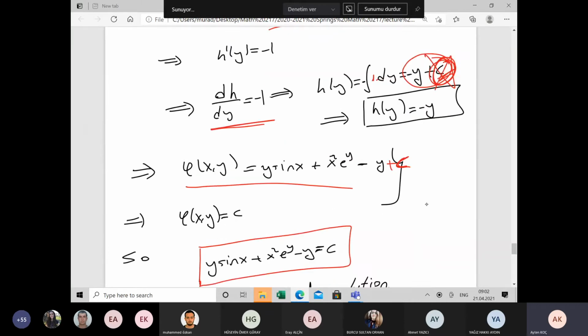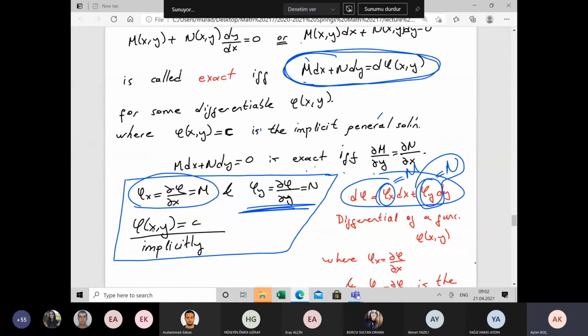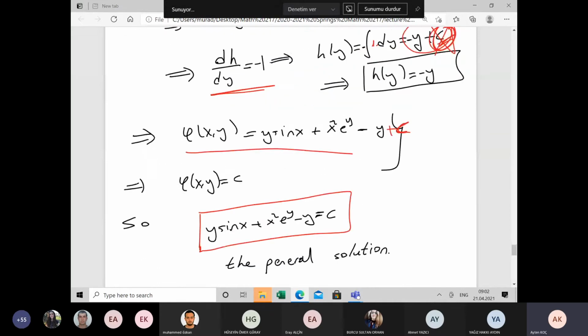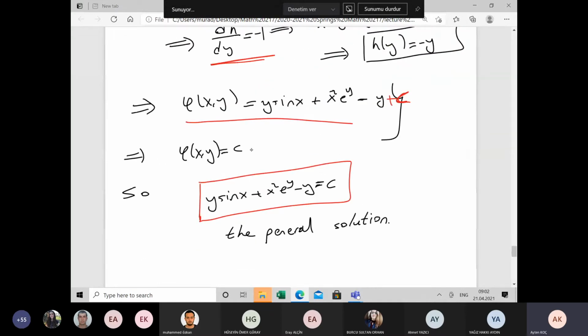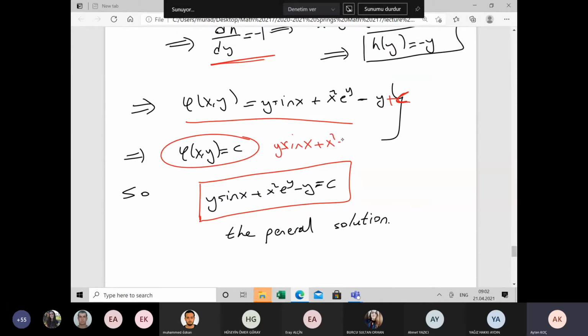What's the reason? Let's come back here. The implicit function, and the solution is phi of x y equals c, any constant. Let's come back to this one and write: y sine x plus x squared e to the y minus y plus c, plus another constant on the right side, c for example.